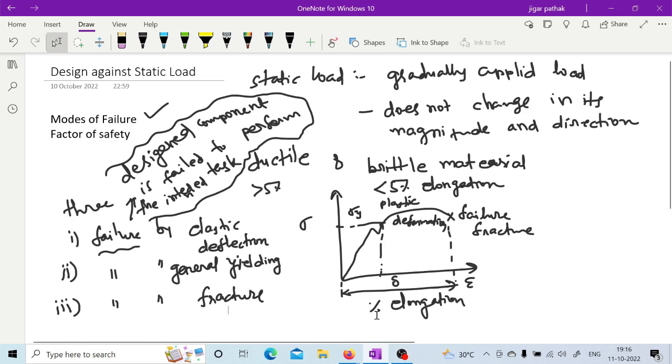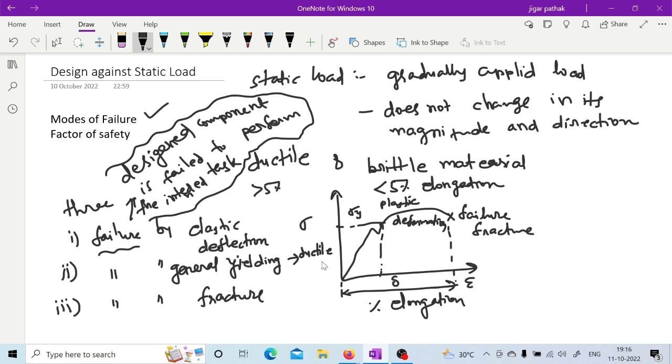Yeah. See, in case of any ductile material which is going to undergo plastic deformation, if it goes past the proportional limit, or the yield strength, then it will start plastically deforming, right?